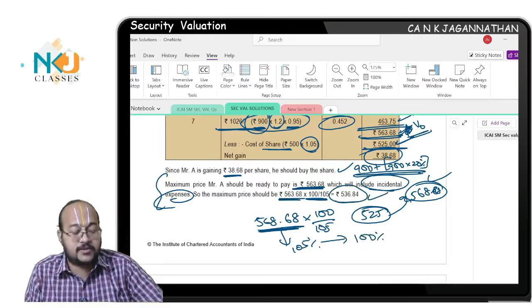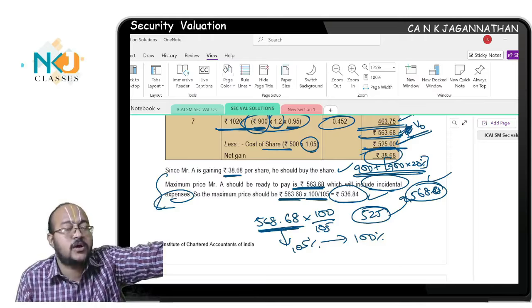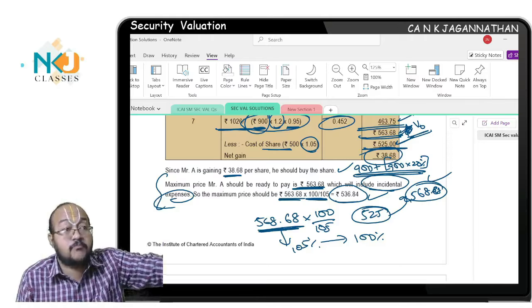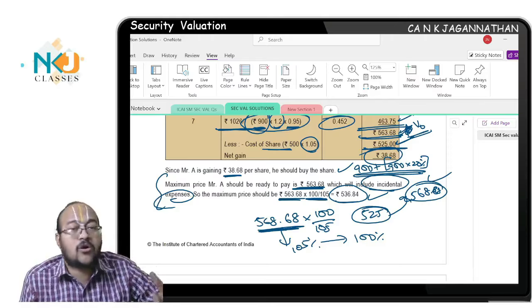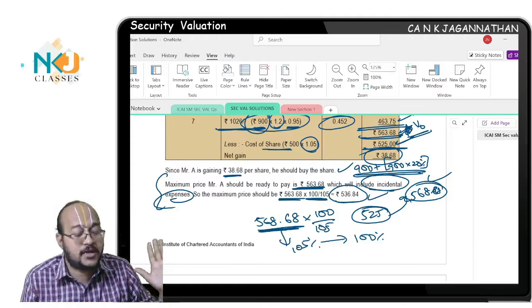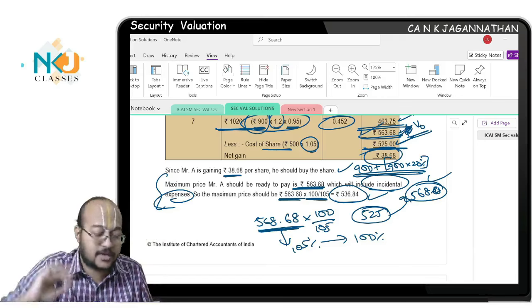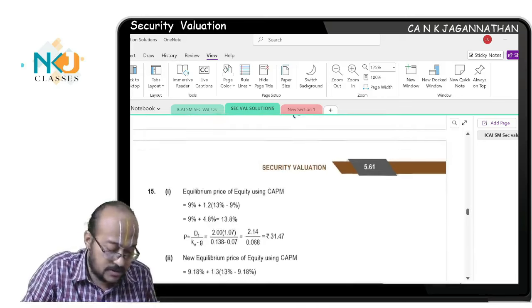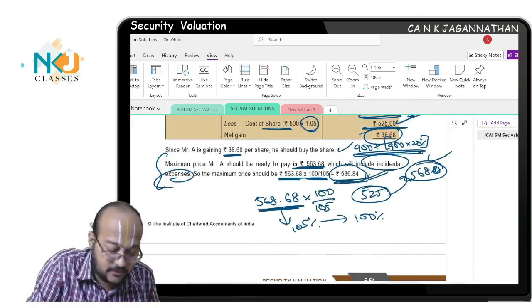If the market price of the share is 536.84, then only I can buy. Above this price I cannot buy the share, because I will incur an extra 5% charge, which will take the total cost over and above 563.68, which is not at all feasible. That is why the maximum affordable price is 536.84.